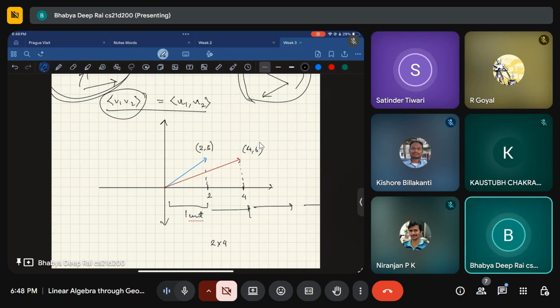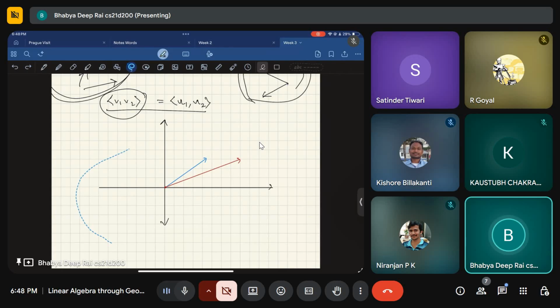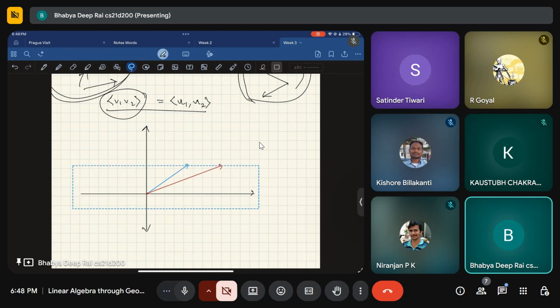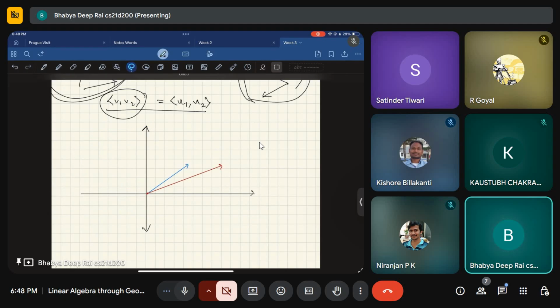Okay, so firstly, let's say these graphs look like this. Let's say the first graph looks like this, and the other vector, sorry, looks like this. Okay, and you project them.